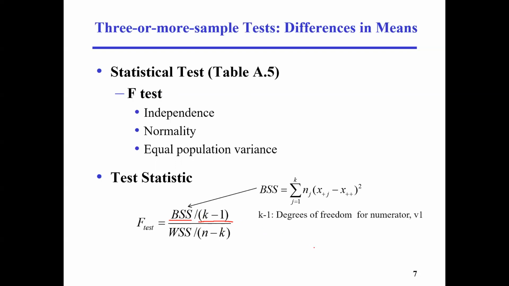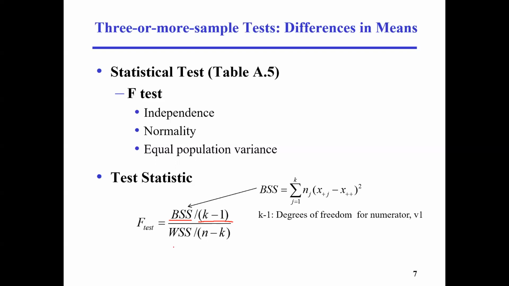K minus 1 here is called the degrees of freedom for the numerator. In table A5, the author used V1 to represent the degrees of freedom for the numerator, and it is calculated as K minus 1. K is the number of samples in your test, right?